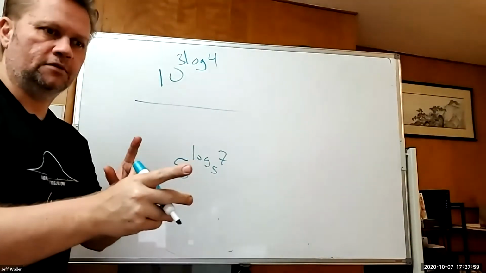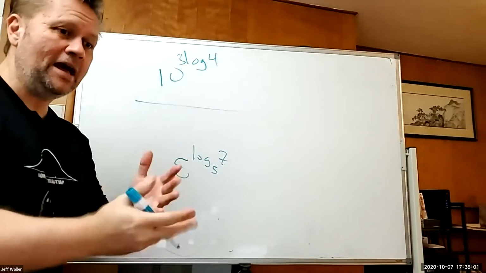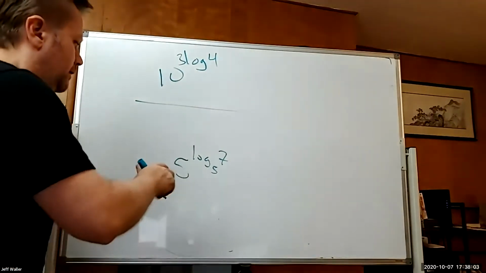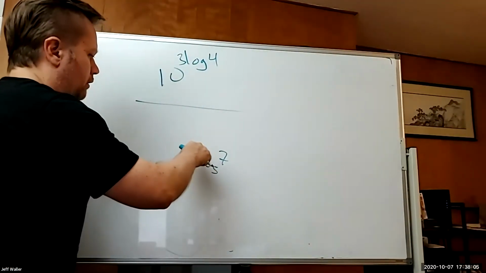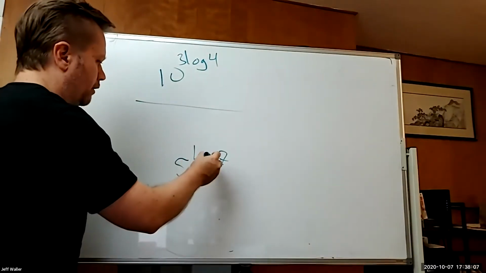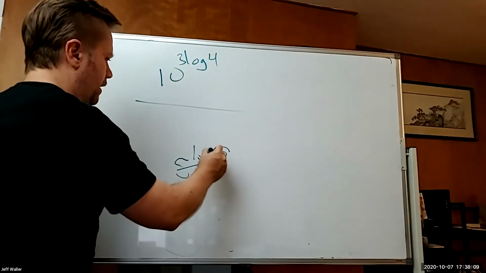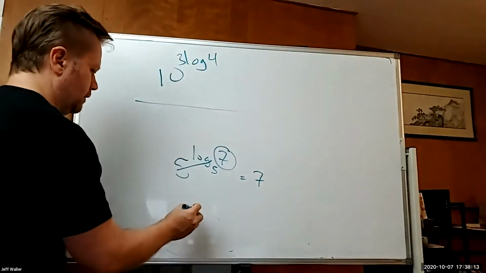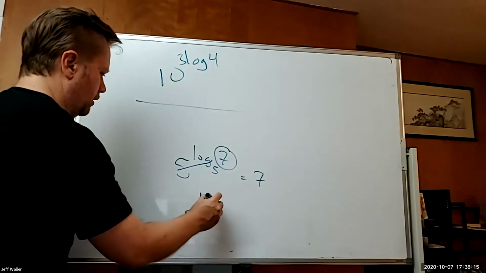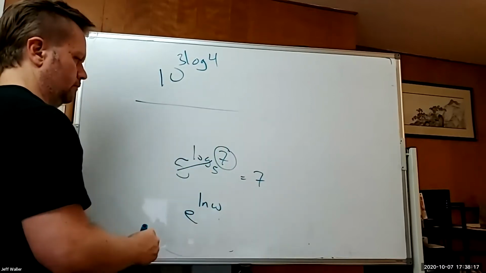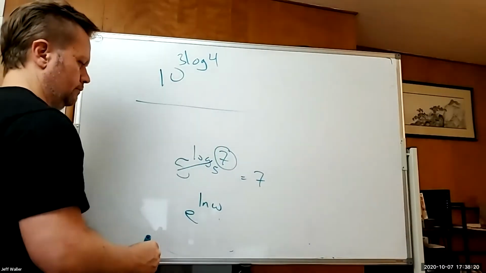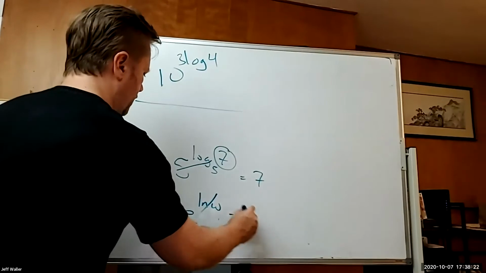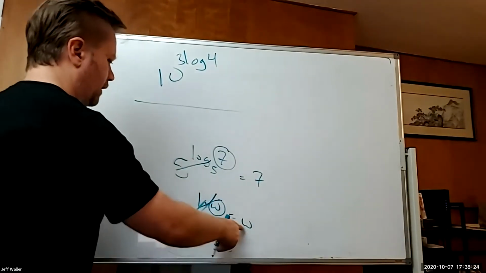Yes, good. They cancel each other out. How are 5 to a power and log base 5 related? They're opposite functions. So of course they'll cancel, and the answer is 7. So what is e to the natural log of w? W. Yes. So these cancel, w survives.